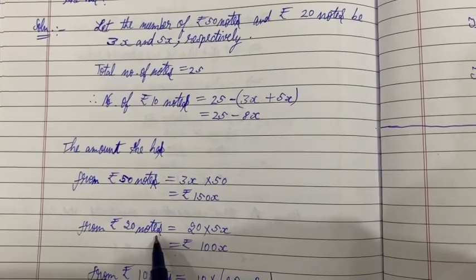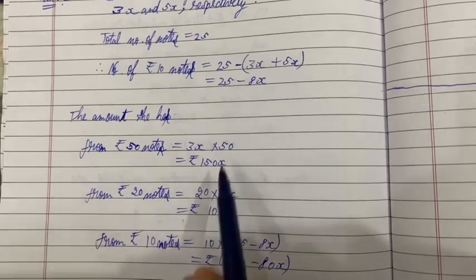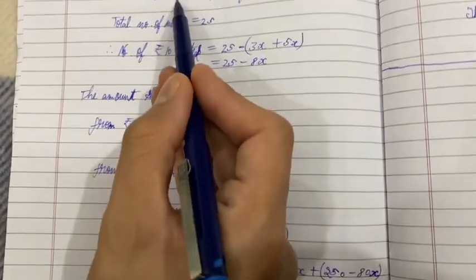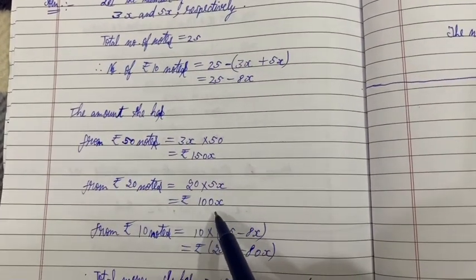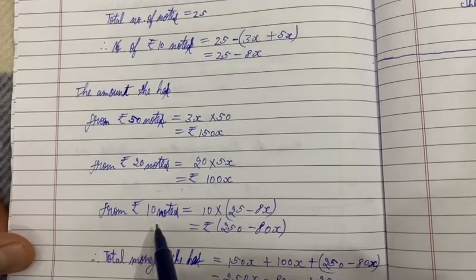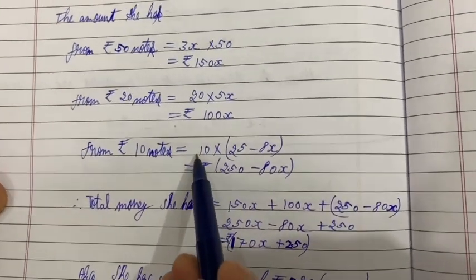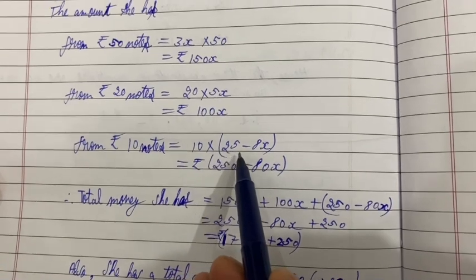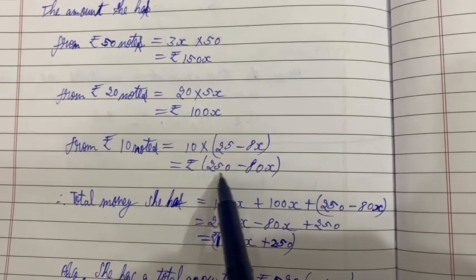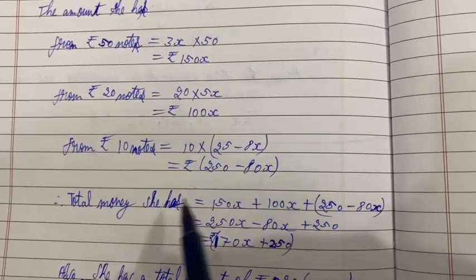From 20 rupees notes equal to 20 into 5x, which is rupees 100x. From 10 rupees notes equal to 10 into 25 minus 8x, which is rupees 250 minus 80x.